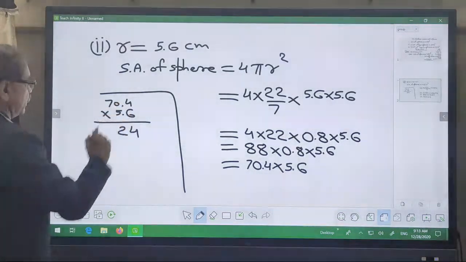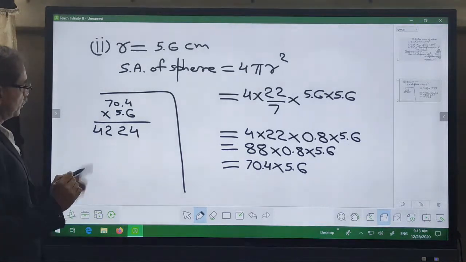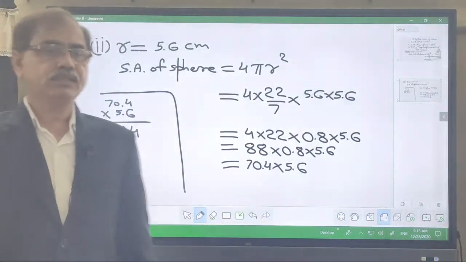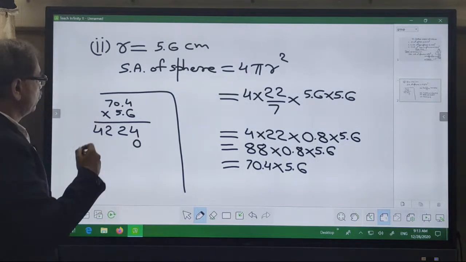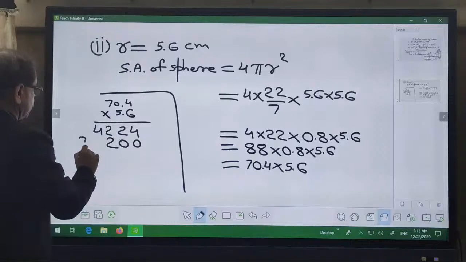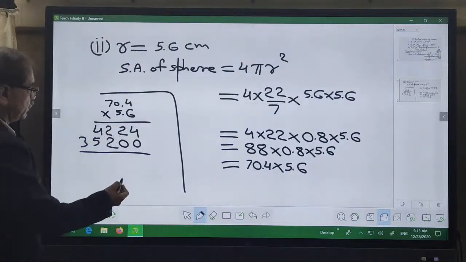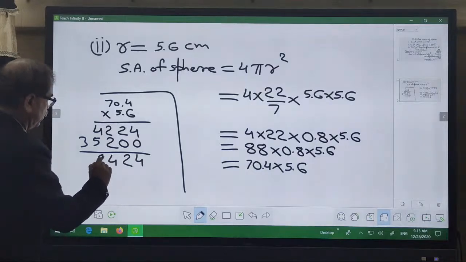So 6 fours are 24 and 6 sevens are 42. Then with 5 you have to multiply. Considering there is no decimal point, 5 is in the tens place. In that case, 0 we put here, and then 5 fours are 20 and 5 sevens are 35. Then we add this, 4 2 4 9 3.